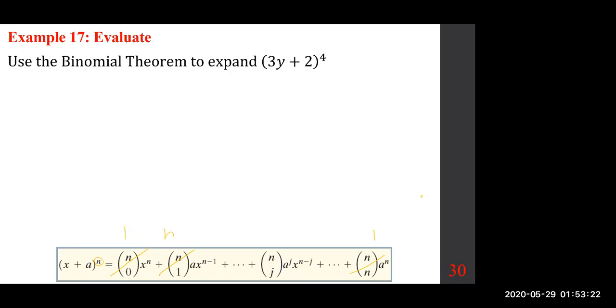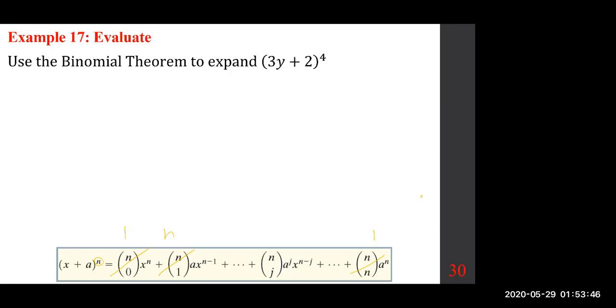In fact, what happens is that the left side and the right side have the same coefficient. And it varies if x and a have some coefficients themselves.